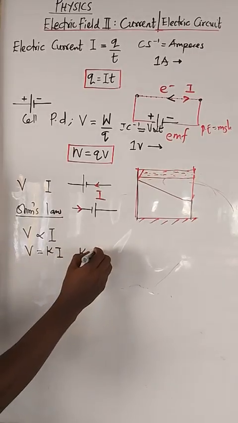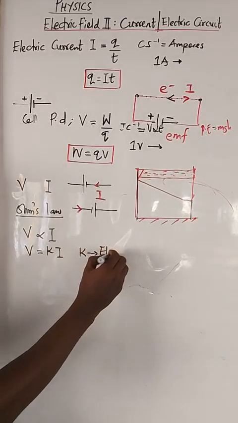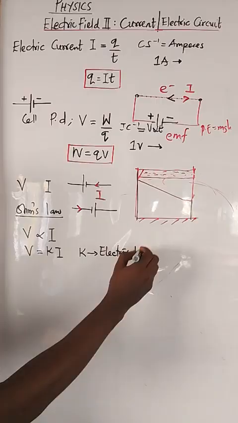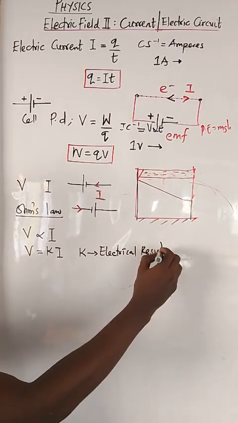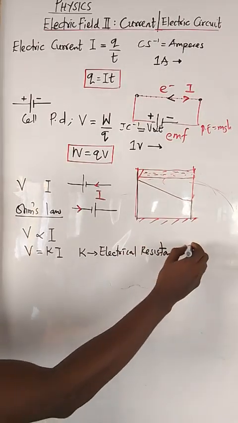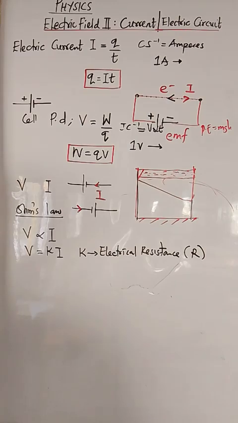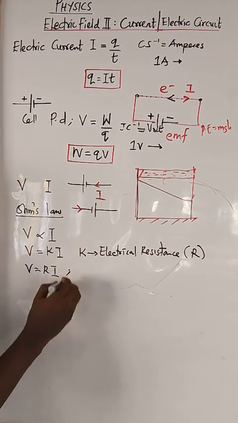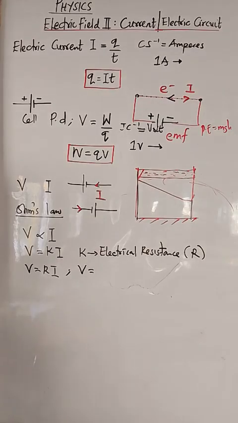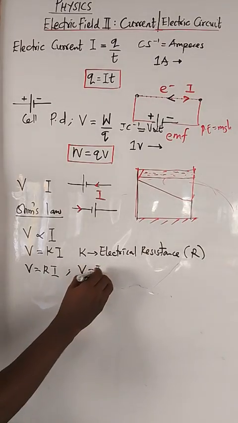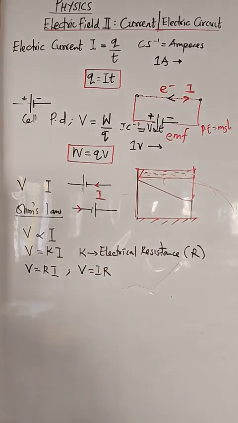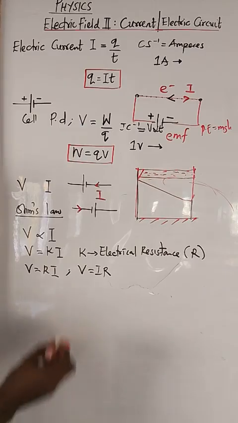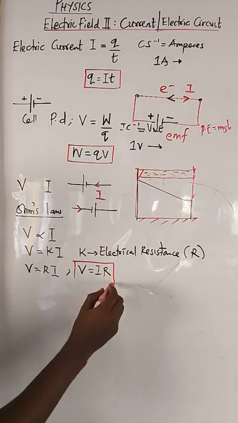This constant is what we call electrical resistance. Resistance can also be mechanical, which is like friction. So you can say V equals RI, but most times it is written as V equals IR. This is adapted from Ohm's law. Ohm's law, V equals IR.